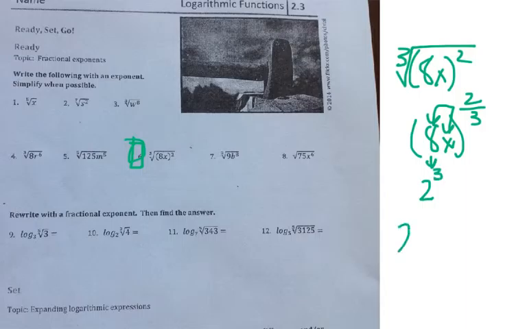So it'd be 2 to the 3rd to the 2/3 times x to the 2/3, because we just applied that 2/3, like we distributed it. Those 3's cancel, so we're left with 2 squared, which is really 4. So we'd end up with 4x to the 2/3.